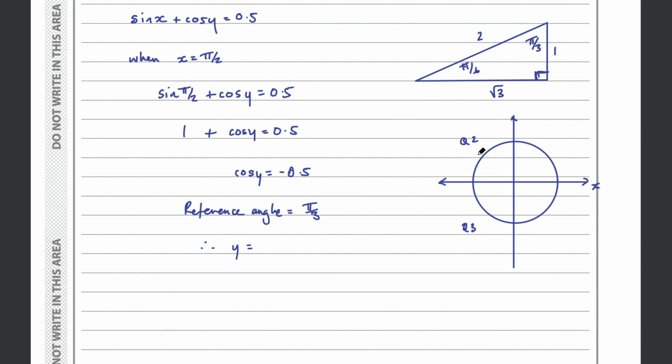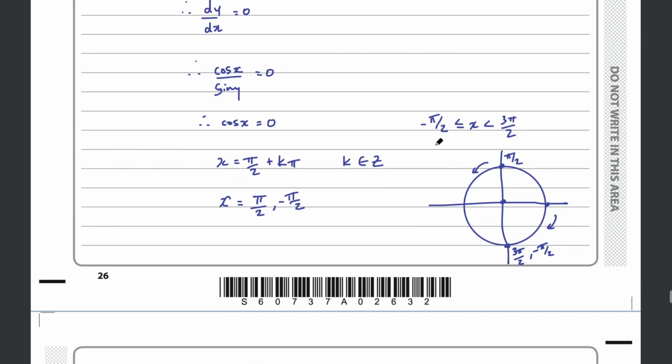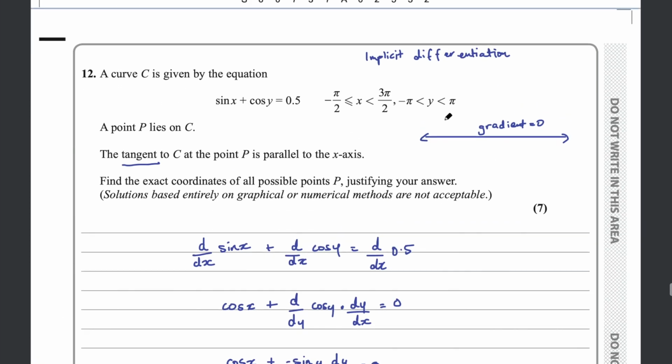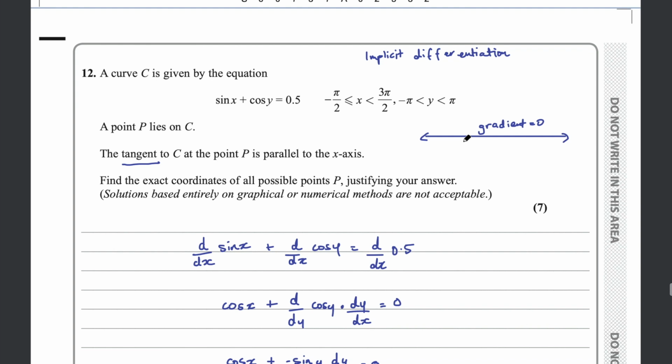So that means the angle away from the x-axis is pi on 3. Right, so that's what the reference angle means, and therefore y is going to be pi take pi on 3. So y is actually this angle in here, starting from 0. And if we look back at the range of y was negative pi to pi.